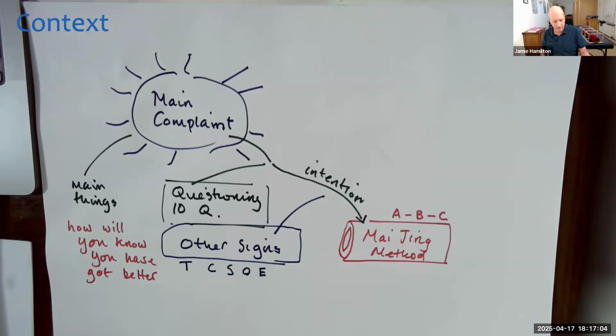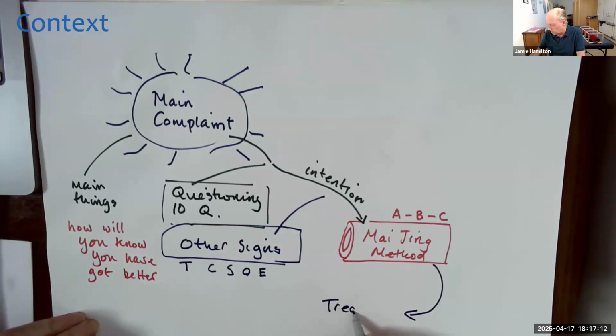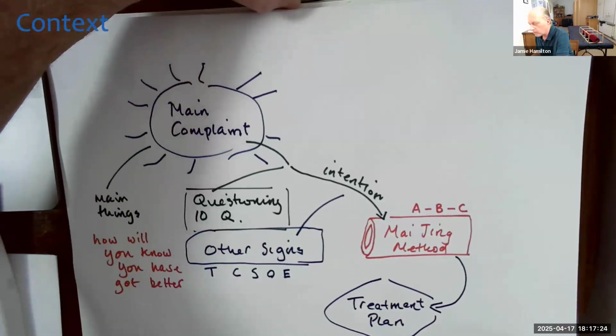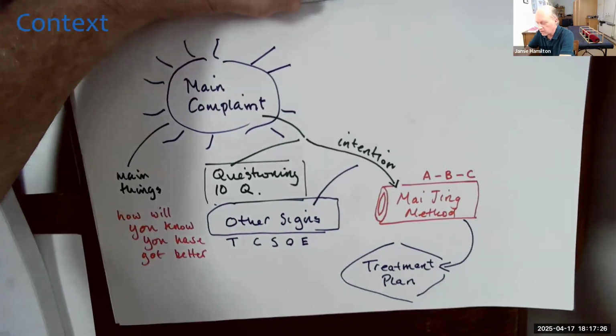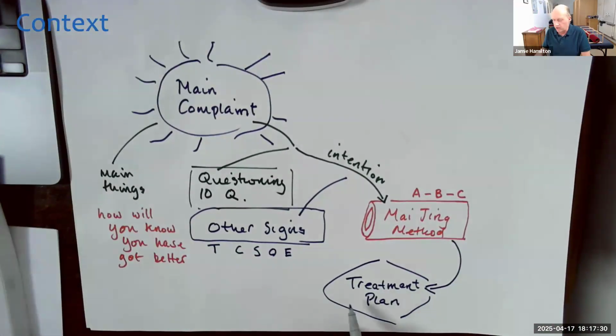And then, of course, out of that process, we have what you could call the treatment plan. Whatever it is, it could be your overall plan, like maybe you're going to do massage first or something like that, or it could be basically your exact points.